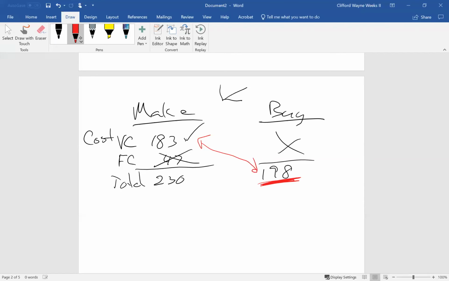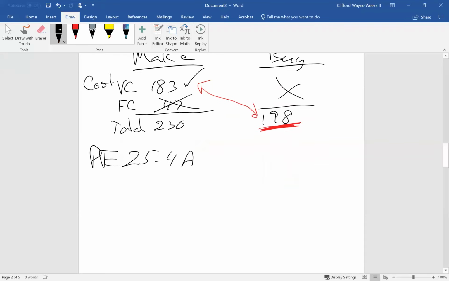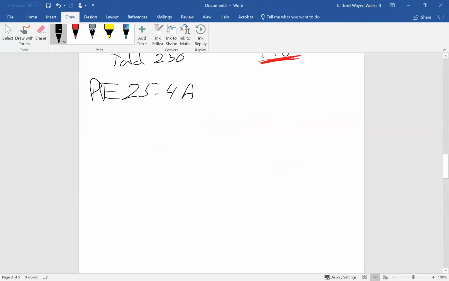All right, the next one I want to work through is replacement of equipment. All right, and so this is PE 25-4A. In this scenario, it says a machine with a book value of $250,000 has an estimated life of 6 years. A proposal is to sell this old piece of equipment and replace it with a new one at a cost of $390,000.